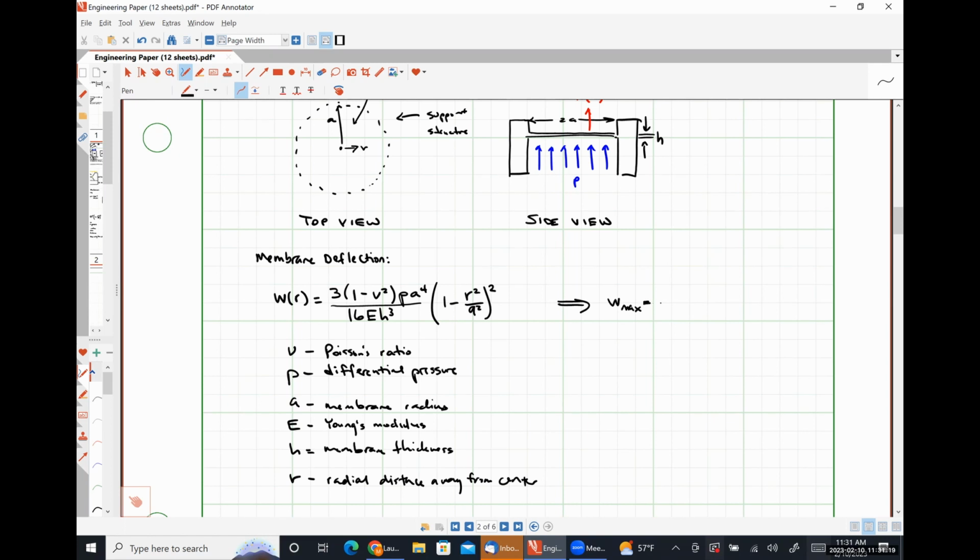So maximum deflection is simply W evaluated at 0, which is just that first term: 3 times 1 minus Poisson's ratio squared, PA to the 4th power over 16 EH cubed. Okay. So our diaphragm surface will undergo both radial, so that would be our normal stress, and a transverse stress.